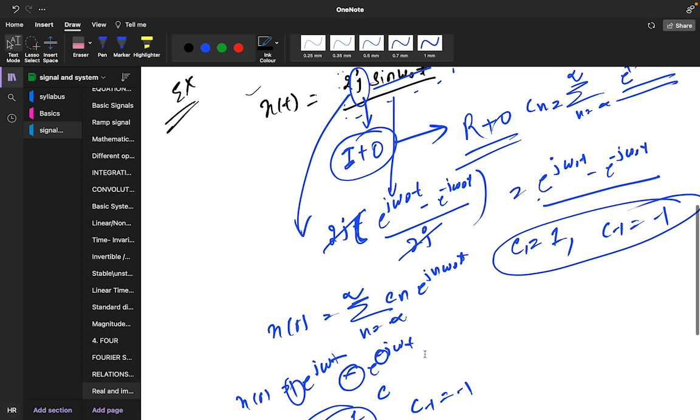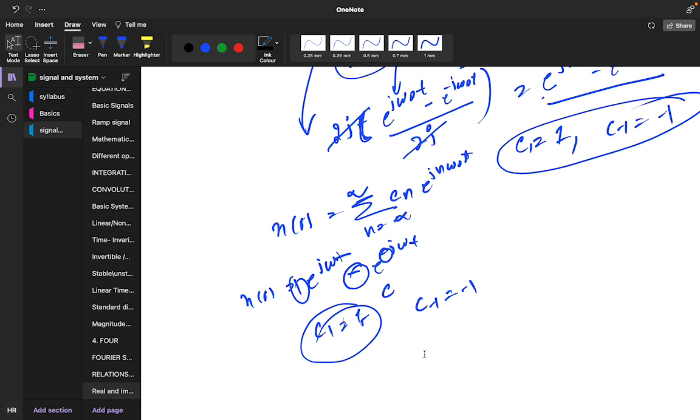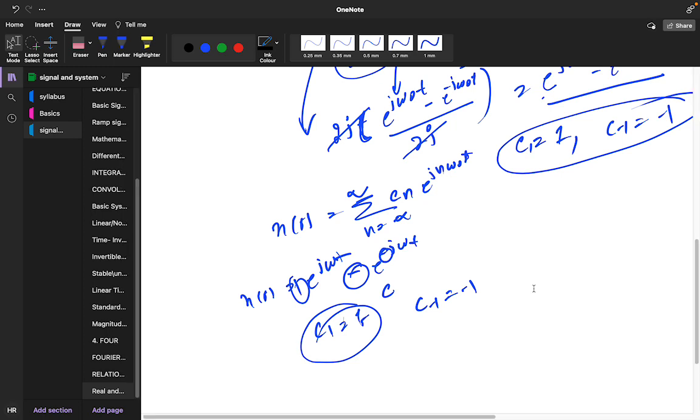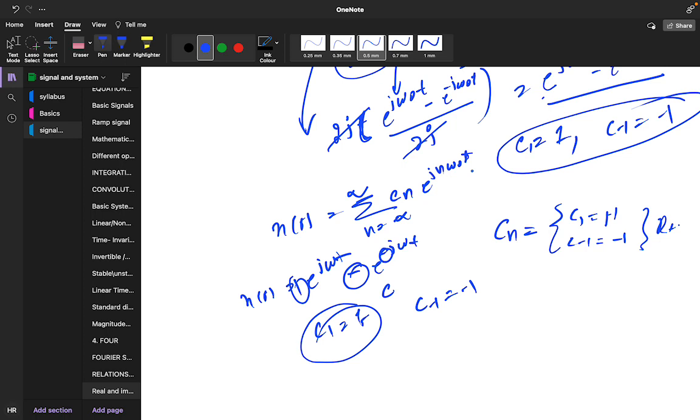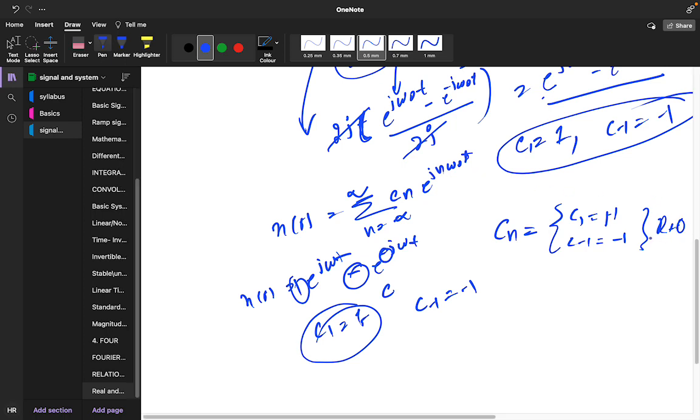How? C of 1 is equal to 1, C of minus 1 is equal to minus 1. This is real plus odd. Okay, now try this question.